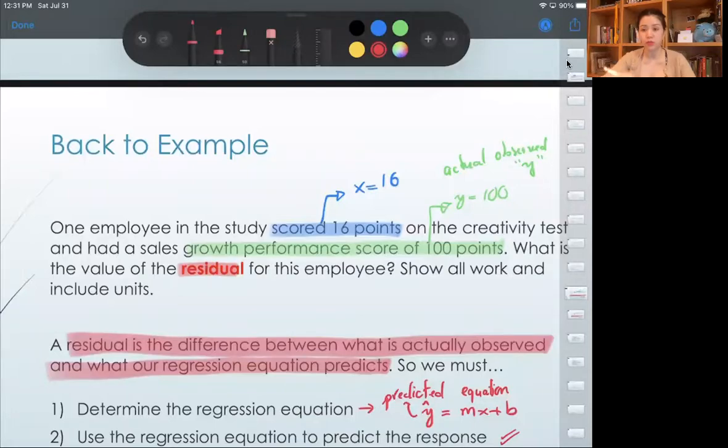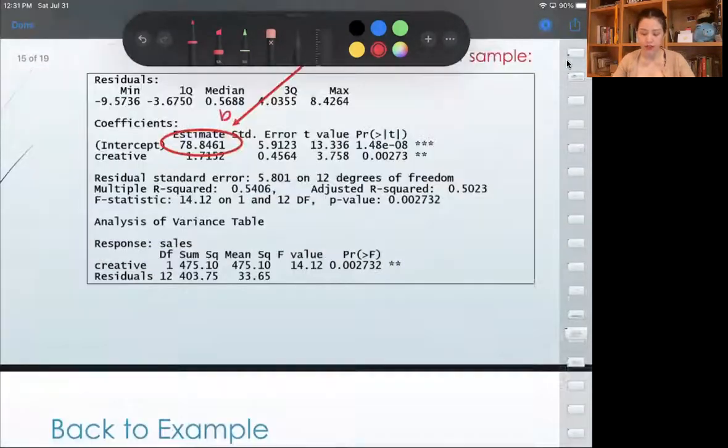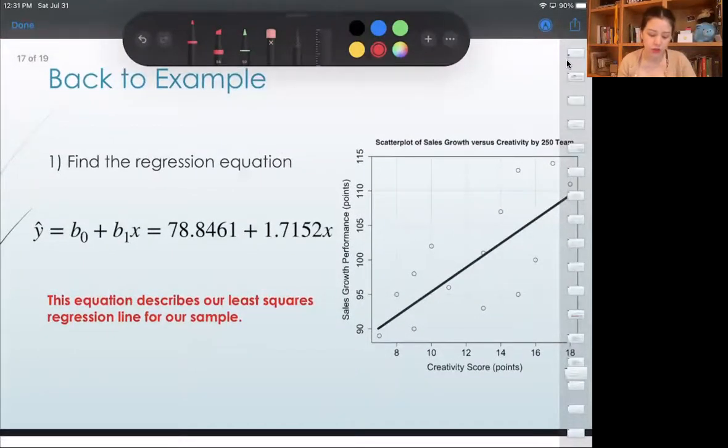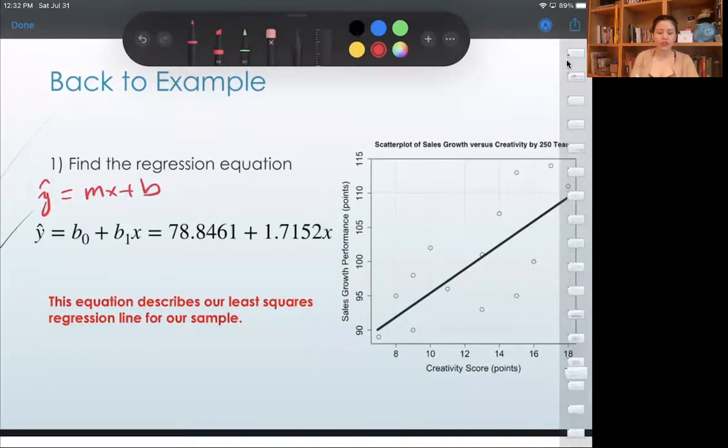So all you have to do is plug in all that information and find out what y hat is. So y hat equals mx plus b. Sometimes they show it here as y hat equals mx plus b. In a book, they use b naught as the y-intercept and b1 as your slope, but whichever one you use is fine.